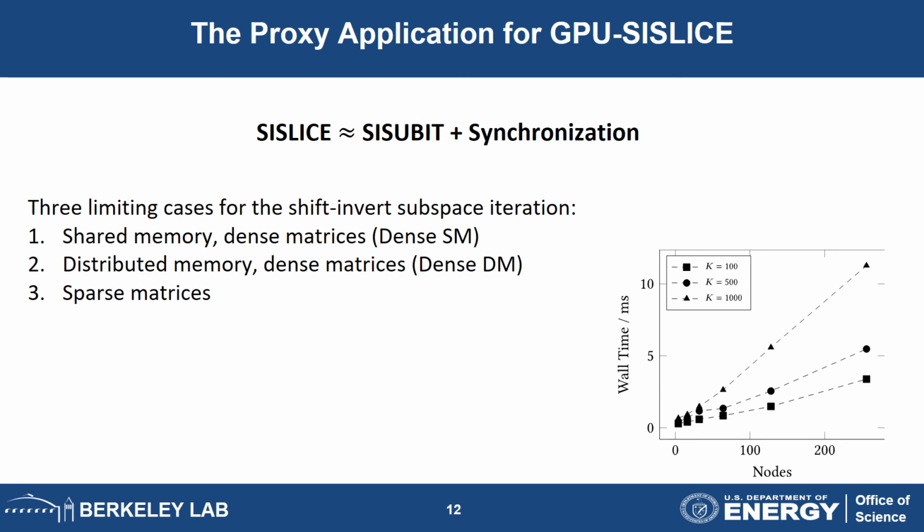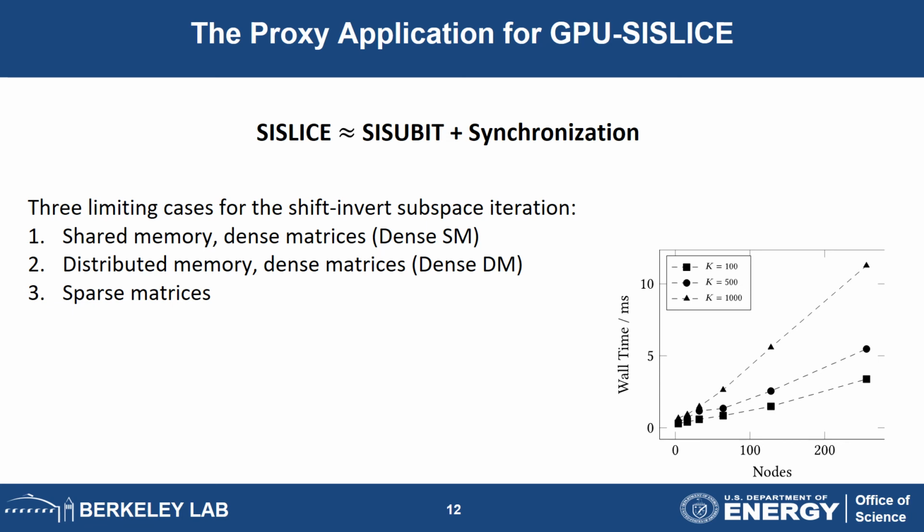As was previously discussed, the overall time that it takes to perform the synchronization step in SI-slice is essentially negligible relative to the computation time required for the diagonalization at every SCF iteration. So in this work, we just approximate it by simply adding a second onto the computation time for the Shift-Invert subspace iterations.